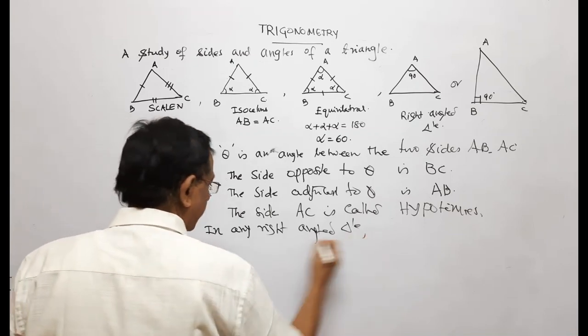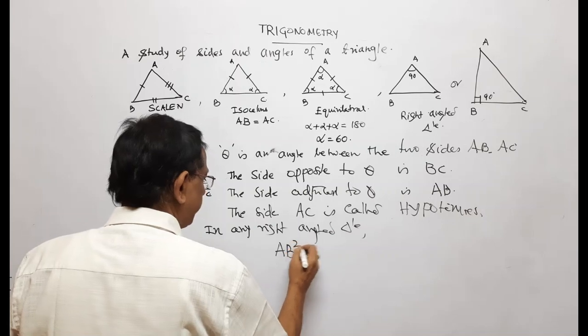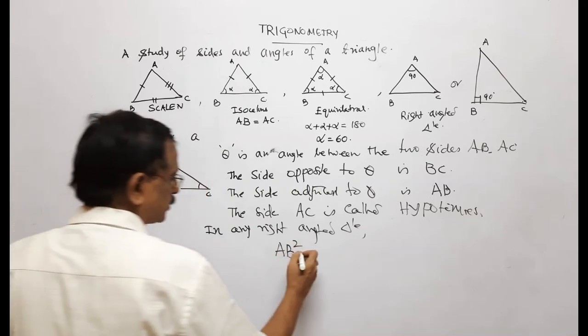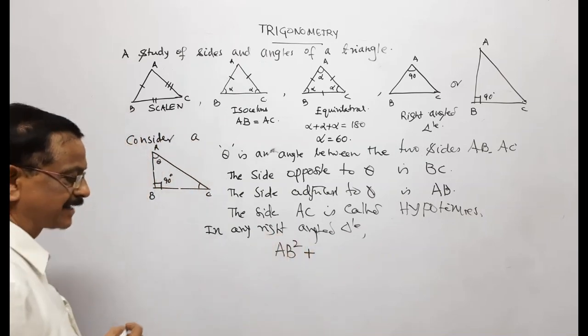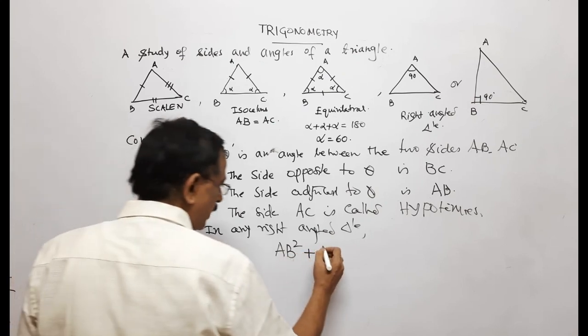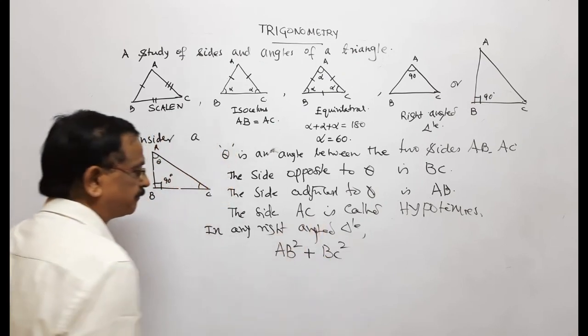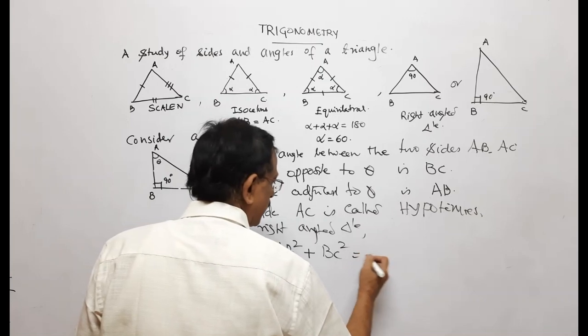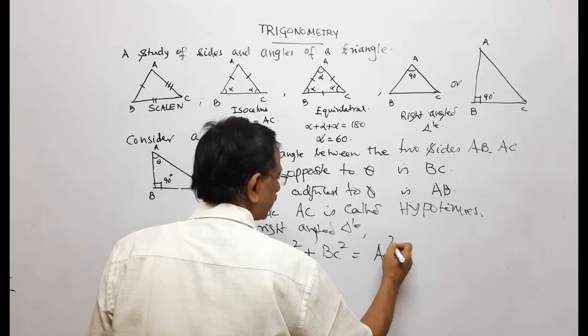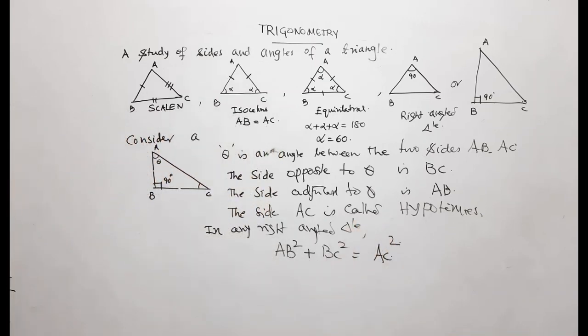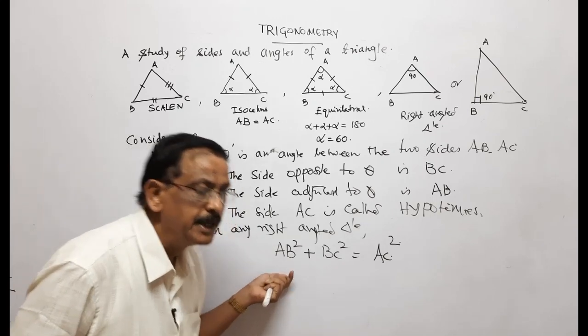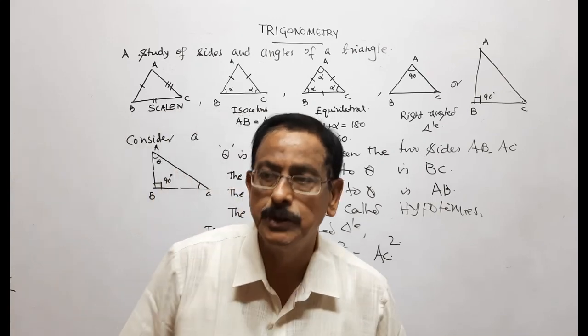So, in any right angled triangle, I have AB square, the square of the adjacent side, plus the square of the opposite side is equal to the square of the hypotenuse. What does AB square mean? AB square is nothing but AB into AB.